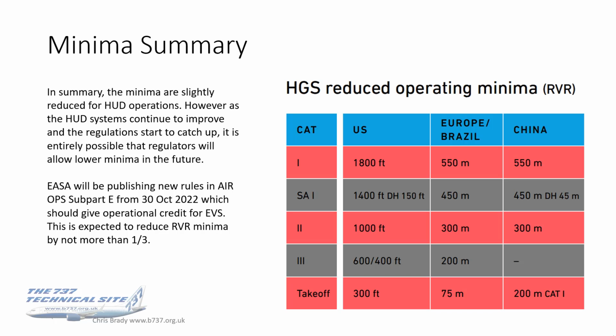EASA, for instance, will be publishing new rules in AirOps Subpart E from the end of October 2022, which should give operational credit for EVS, and it's expected to reduce RVR minima by not more than a third. So there are gains to be had with it. Whether they're enough or not, it's probably not for me to say.